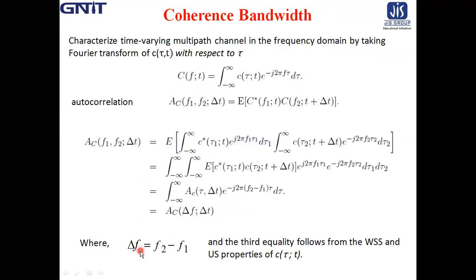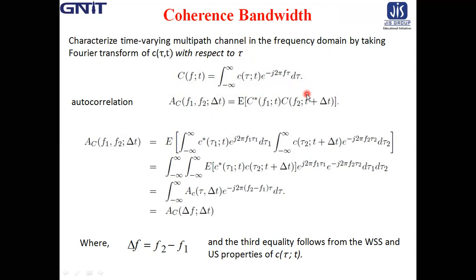Next is coherence bandwidth. We can also characterize the time varying multipath channel in the frequency domain by taking the Fourier transform of c(tau, t) with respect to tau, which is like a random process, and is now defined as C(f, t) equal to the integral from minus infinity to plus infinity of c(tau, t) e to the power minus j 2 pi f tau d tau.